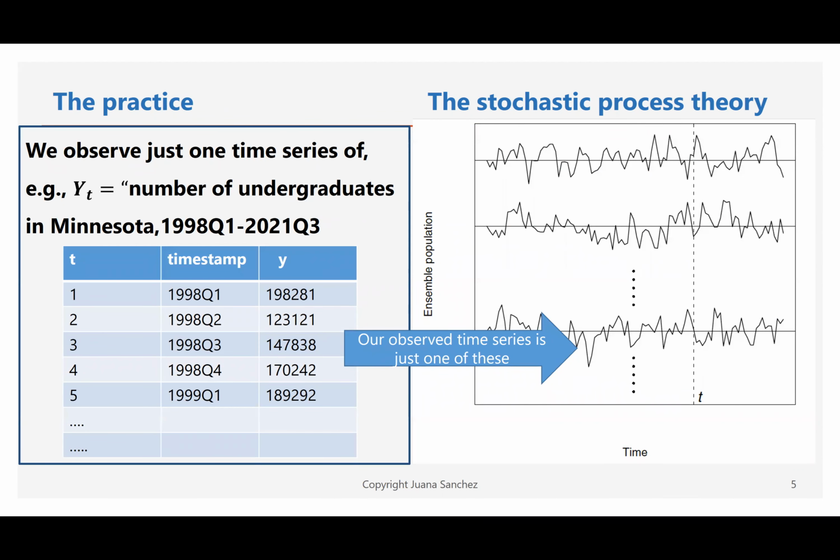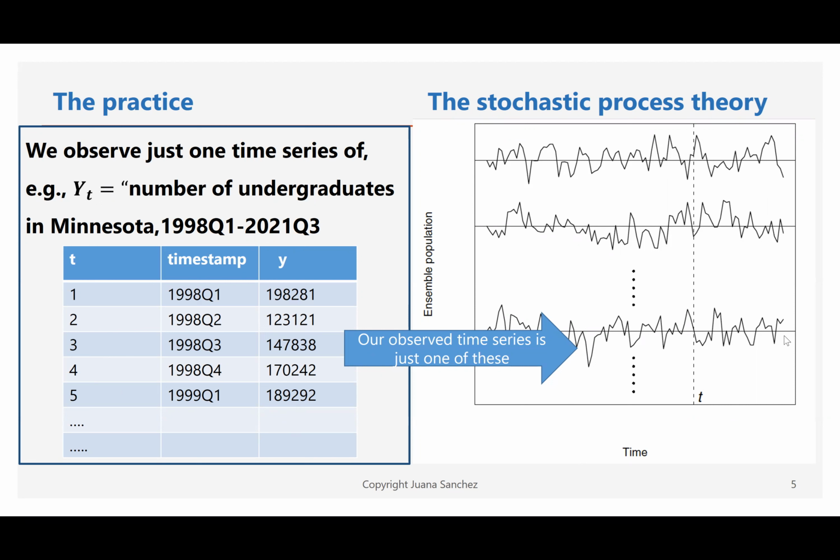That means in practice, we find ourselves with a time series that we want to analyze. We found our data, we have the time series, for example, the number of undergraduates in Minnesota between Q1 of 1998 and Q3 of 2021. Here is a few lines of a much larger data set. On the right-hand side, we have several realizations of the stochastic process. Each of these curves, each of these sequences, is one time series.